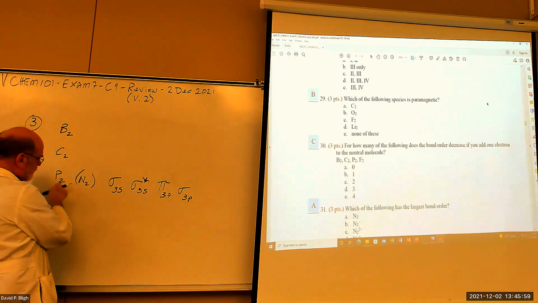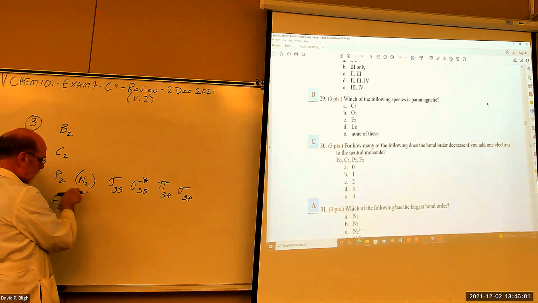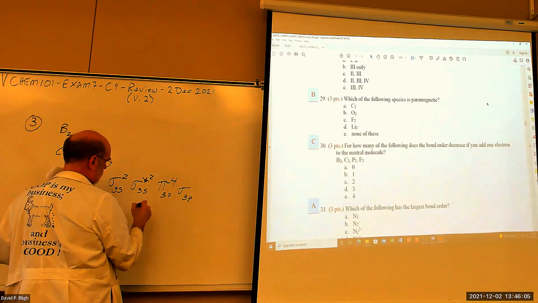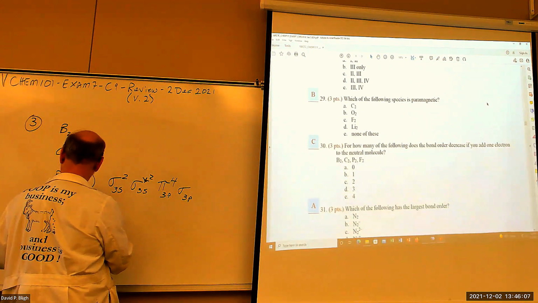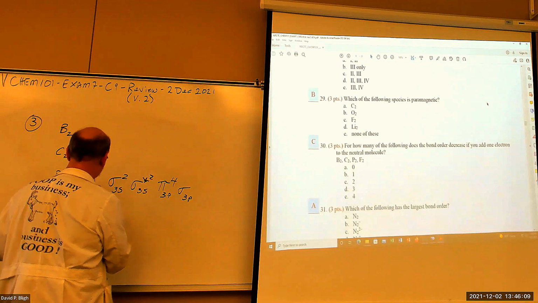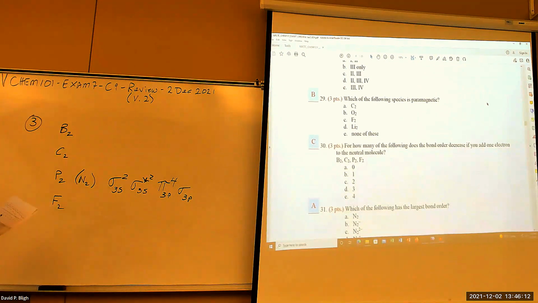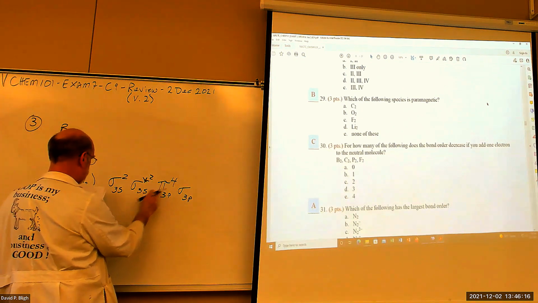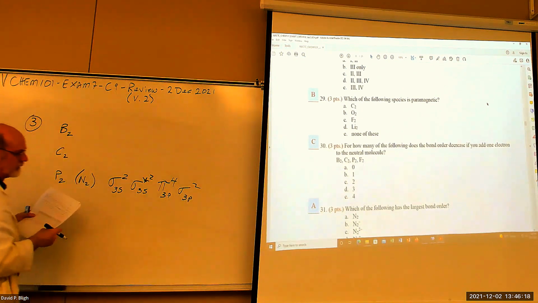Then we find that the same number of valence electrons are here for that one. 2, 4, 6, 8, 10. There we go. They're all paired.